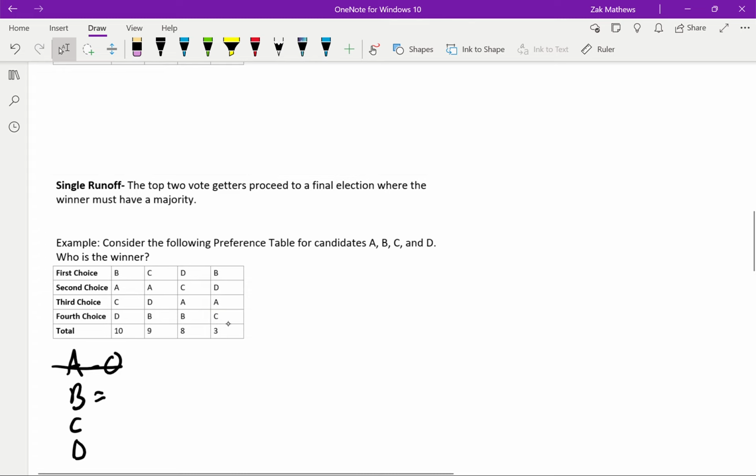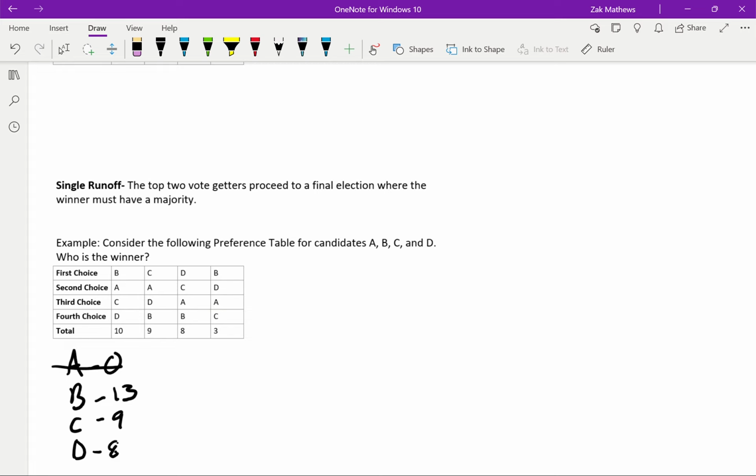So B has 13 votes right now. C wins out with this group of people. These 9 votes all said C was their favorite candidate. And then for D, these 8 individuals said that D was their favorite candidate. And so that's how these would break down.